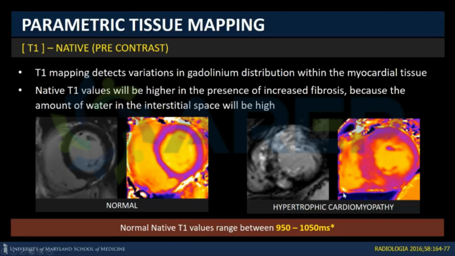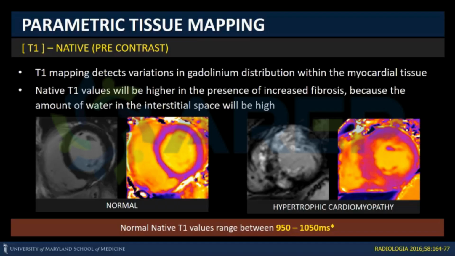Similarly, on the right, we have this case of hypertrophic cardiomyopathy. We see with the delayed enhancement, we see multiple areas of delayed enhancement. When we look at the native T1, so again, this is pre-gadolinium, we can also see that it's not homogeneously involved. We can see areas of abnormality. So again, highlighting that there are underlying native abnormalities that we can see even without contrast.